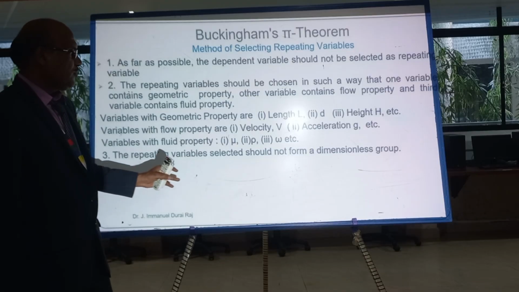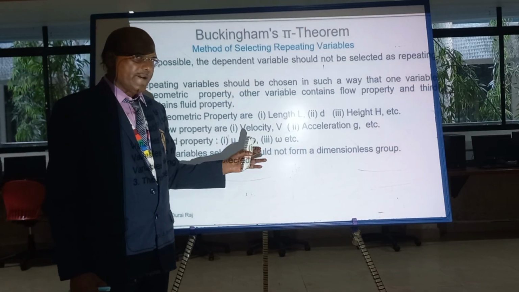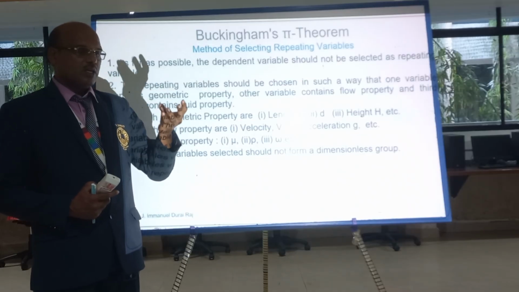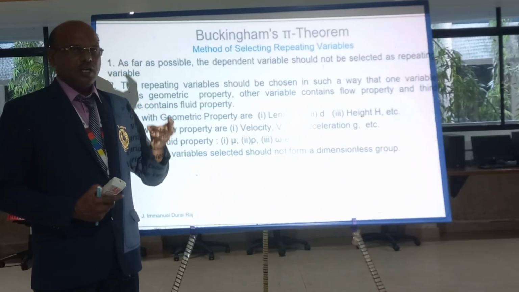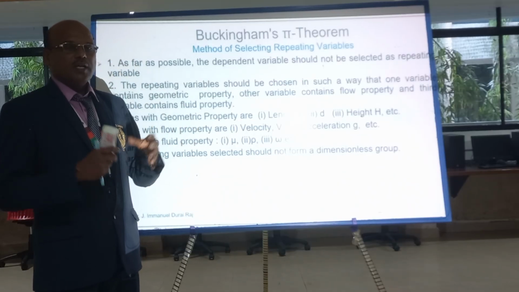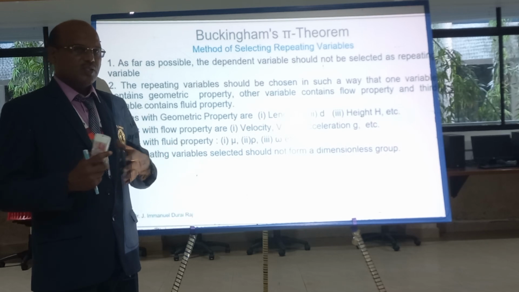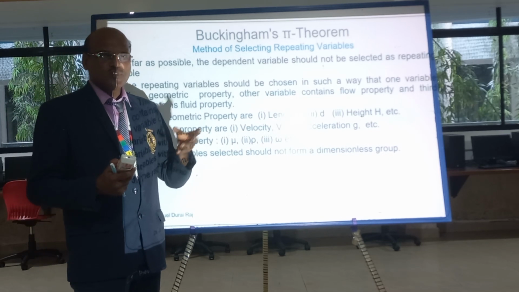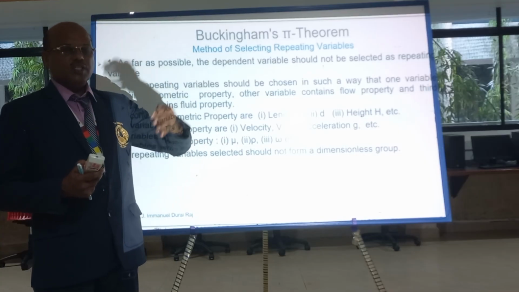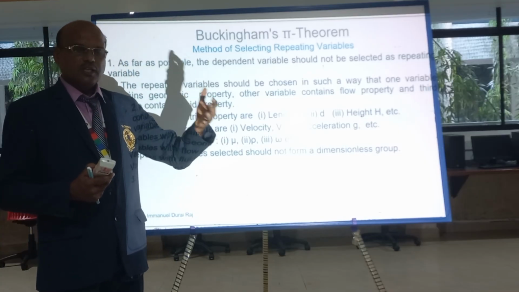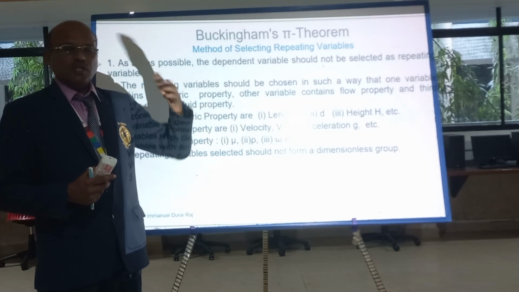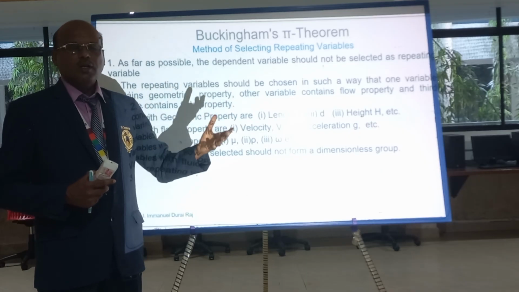The repeating variable should not form a dimensionless group, that is, a parameter that does not contain any dimension. Take efficiency, which has no dimension. Any Reynolds number, Mach number, specific gravity, strain (change in length over original length), and Poisson ratio (lateral strain over longitudinal strain) have no dimension.